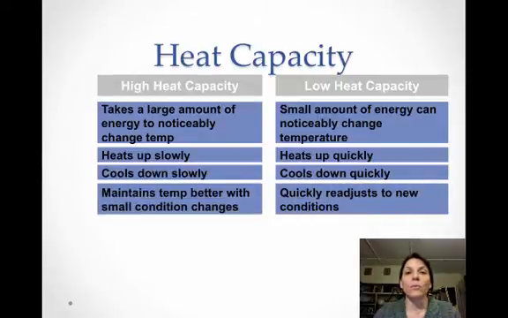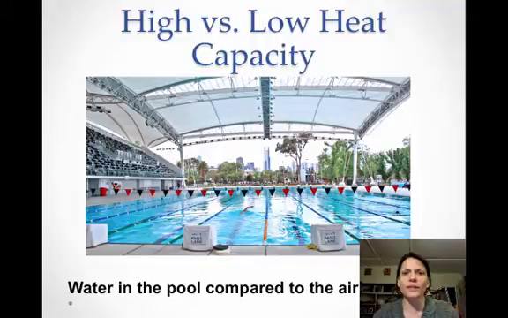Now, here's the thing about water that makes it so special. Water maintains its temperature better because it has a high heat capacity, whereas something with a low heat capacity is not going to maintain its conditions. It's going to adjust to the outside conditions very quickly. Here's a few examples. Imagine you're going to compare the heat capacity of the water in this pool versus the air outside.